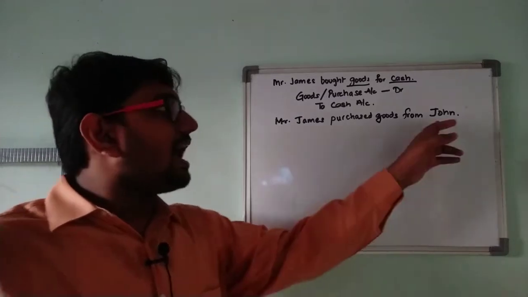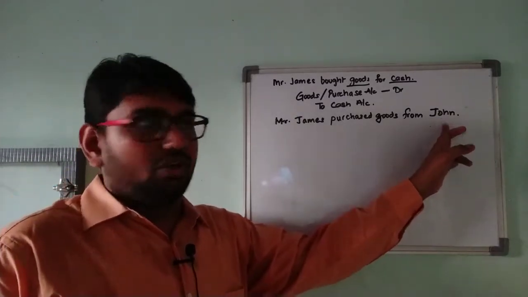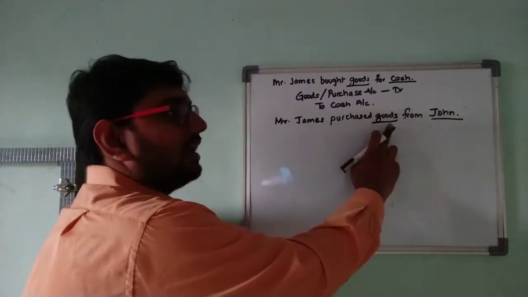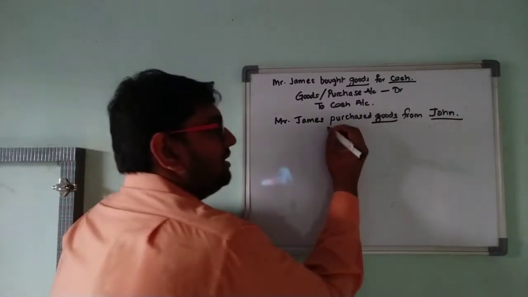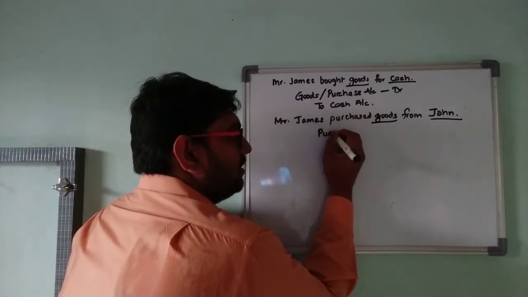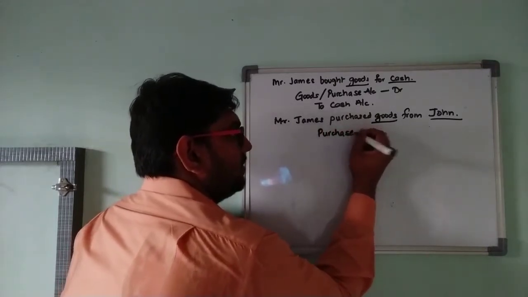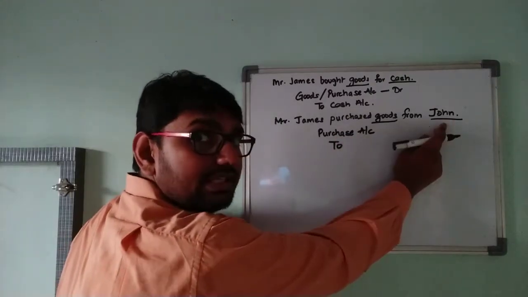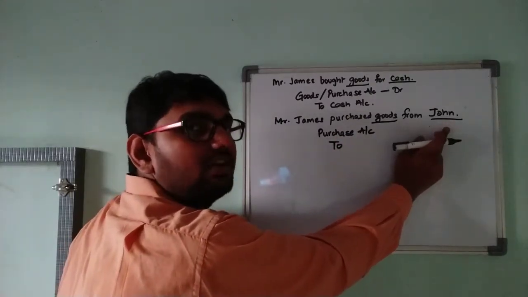Right? So here I will have to give importance to Mr. John. Goods and John. So again the goods are coming in. So I will debit the goods account or purchase account. And I will credit John's account because John is the giver of the goods.